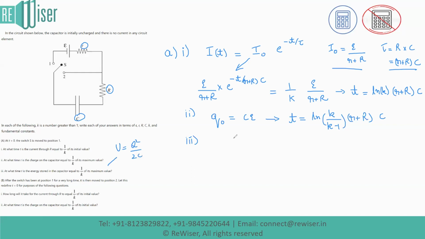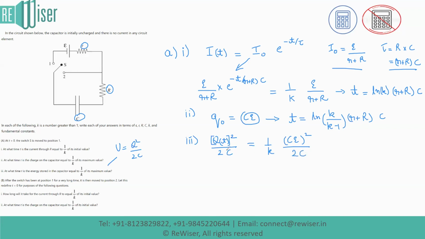So with substitutions, we can write Q of t the whole square, which is what we wrote in the previous part, divided by 2C, is equivalent to 1 by K times the maximum value. The maximum value of charge is C epsilon, as discussed in the previous part.